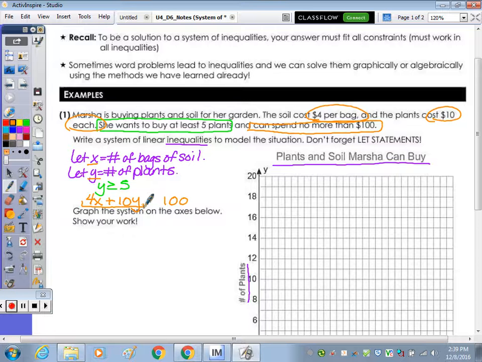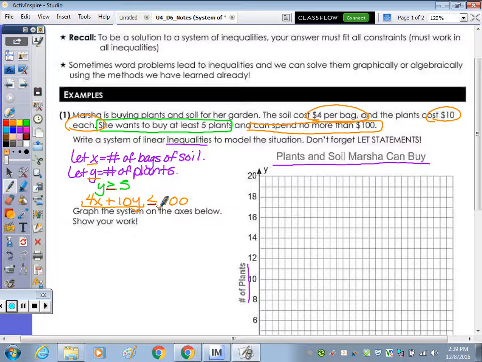Less than? Okay, so she doesn't want to spend any more than 100. Can she spend exactly 100? Yeah. So less than or equal to. So both of those lines, are they going to be solid or dotted, one solid, one dotted? Solid. They're both going to be solid because of the equal to.